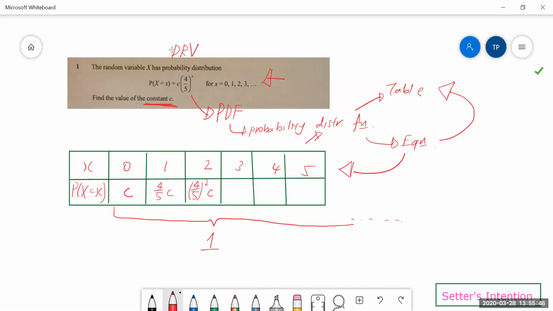What do you think? The hint is here. Take a look. GP.